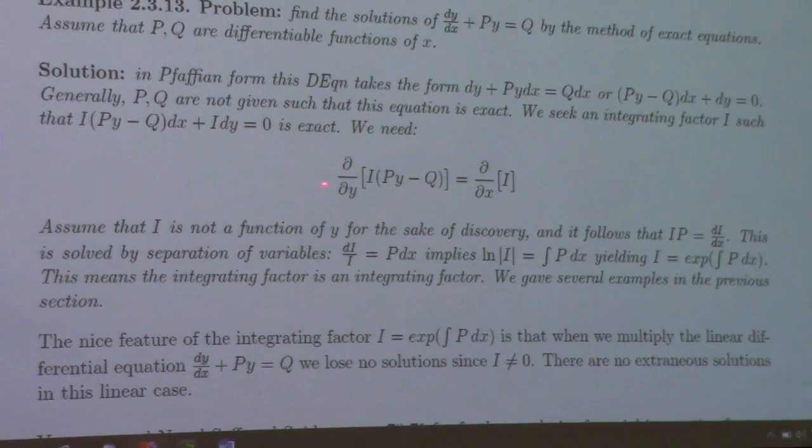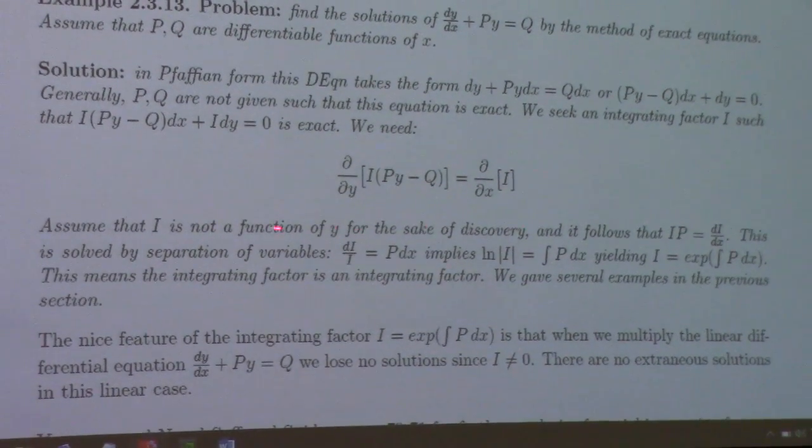For this to be exact, we need the partial derivative of this with respect to x to equal the partial derivative of that with respect to y. Then I assume for the sake of discovery that I is just a function of x. If I do that, then we get Ip equals dI/dx, so that gives us dI over I equals p dx. You integrate both sides, and that gives you I as the exponential of the integral of p dx.